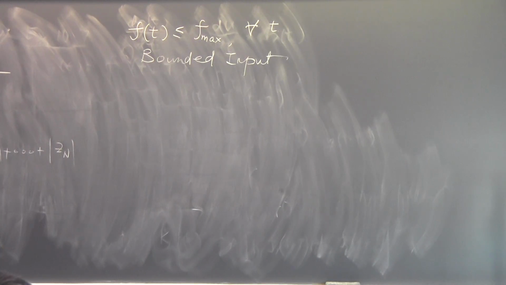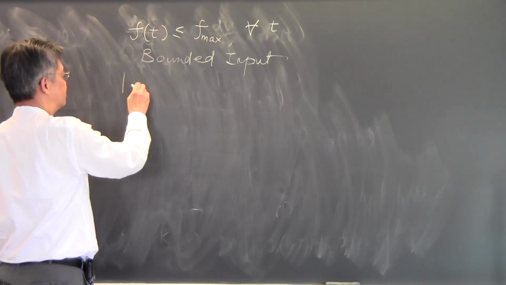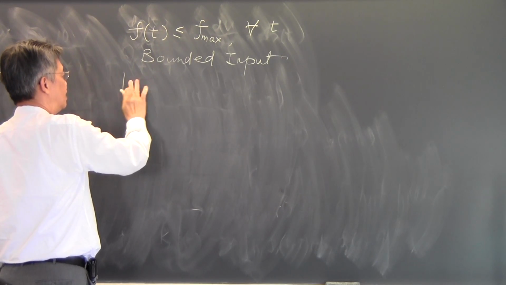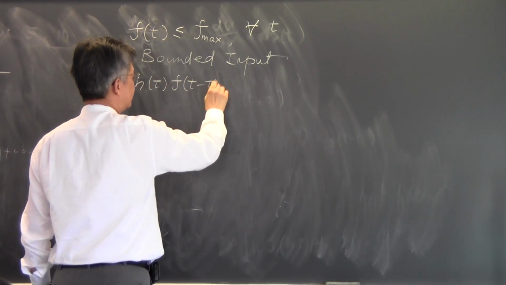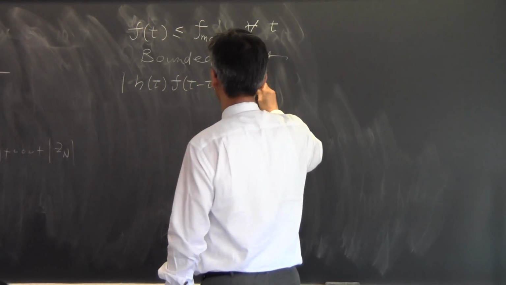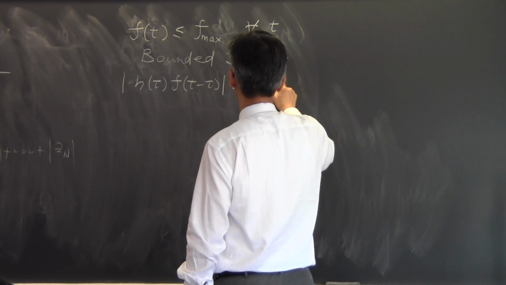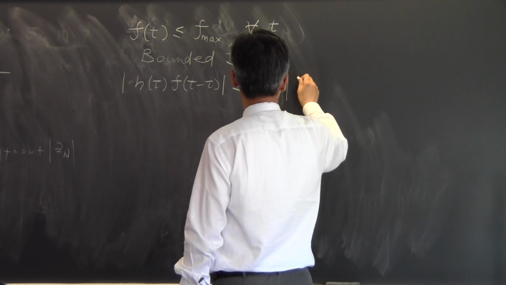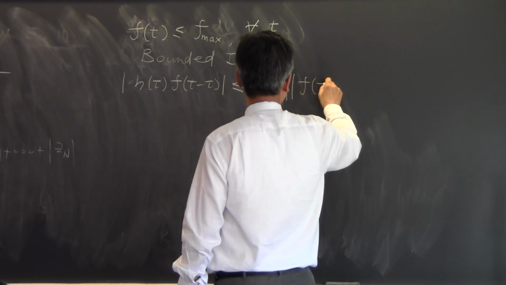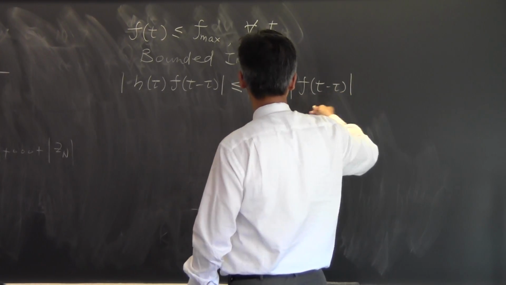If the input is bounded, then I can also say that the magnitude of the product of two numbers, h of tau times f of t minus tau, is always less than or equal to the magnitude of h of tau times the magnitude of f of t minus tau. For real numbers, this is obvious.